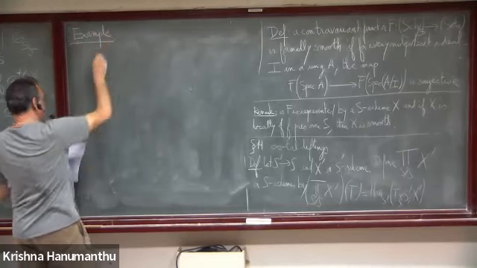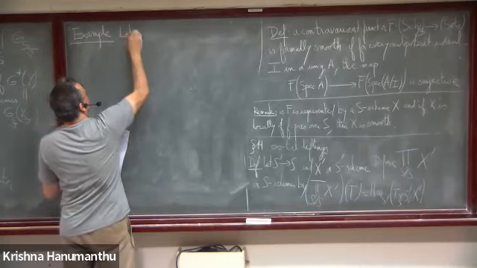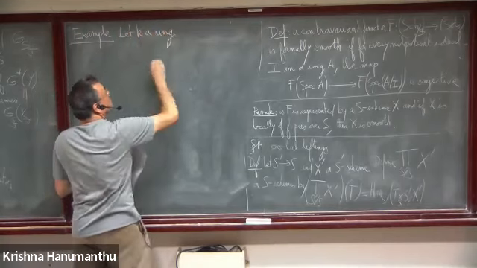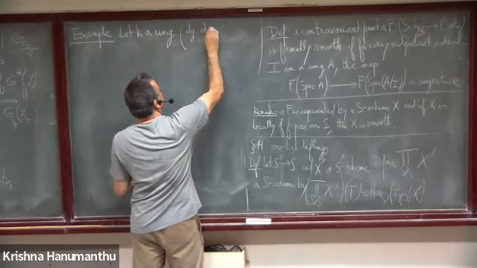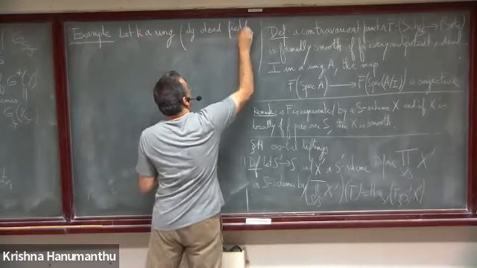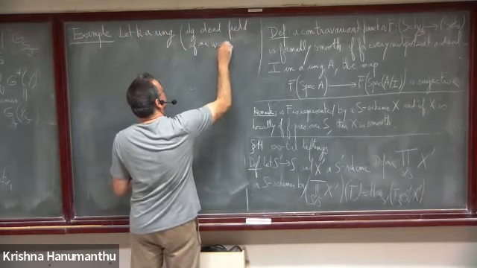An easy example. Let's take a ring K. It can be an algebraically closed field if one wants.